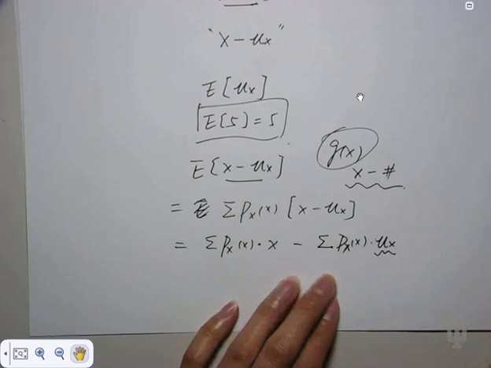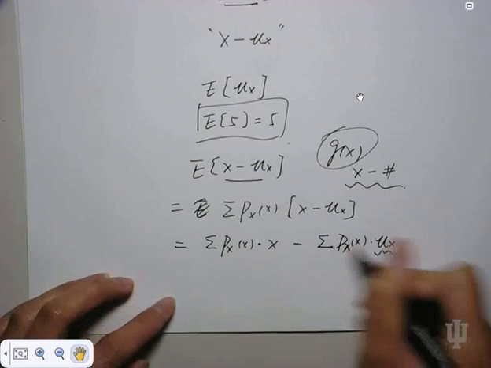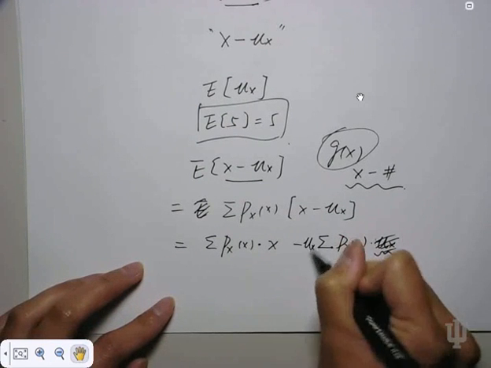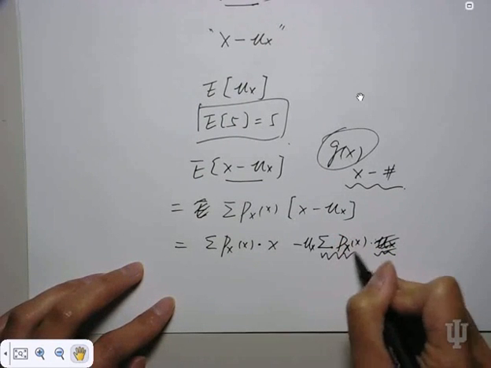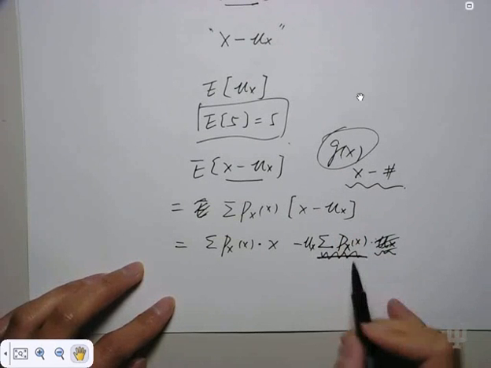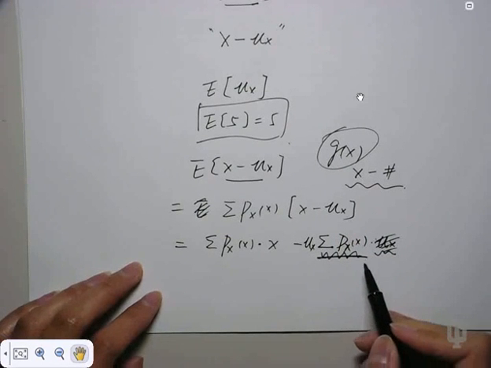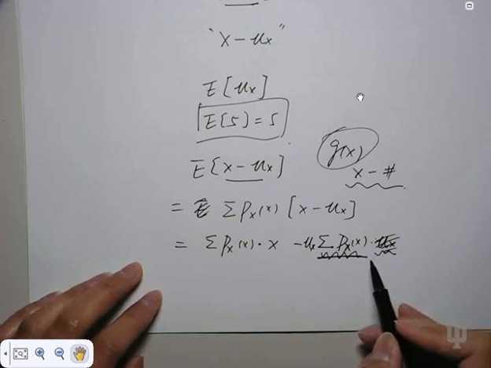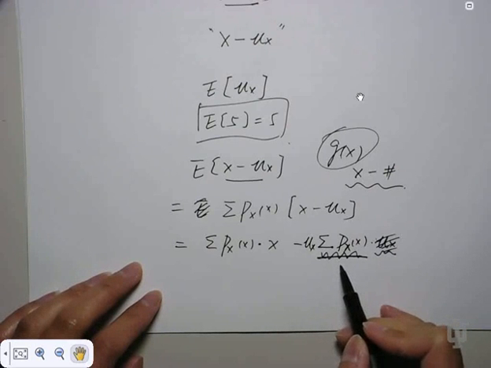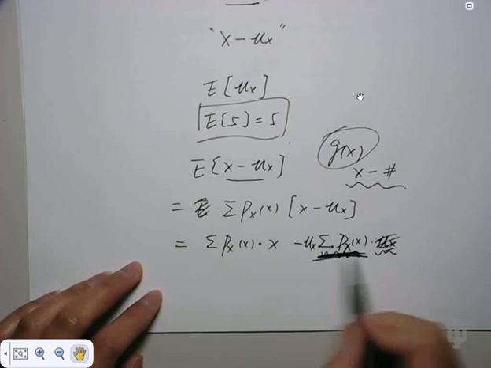Remember, this is a constant number, so I can move it here, right? The interesting part is you sum up all the possibilities, each value of x. This will be only this part.